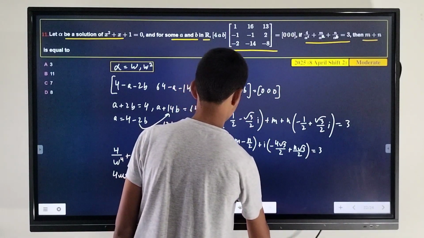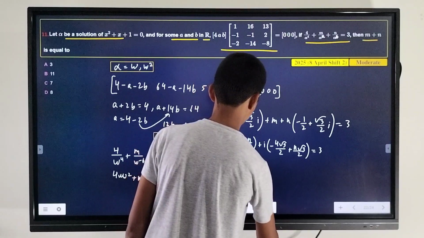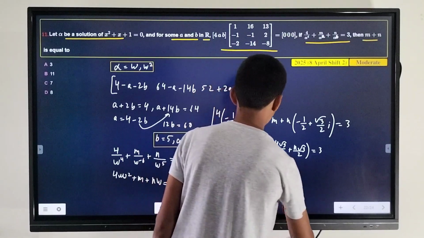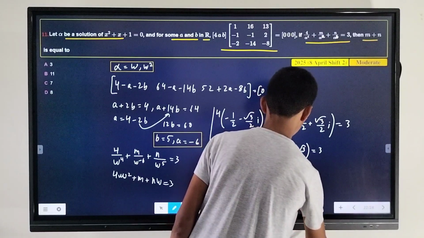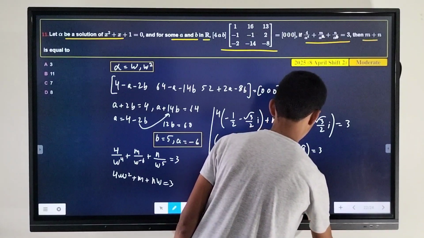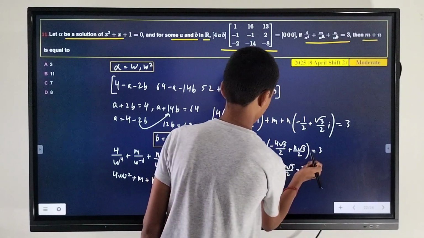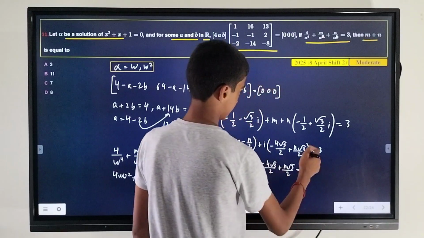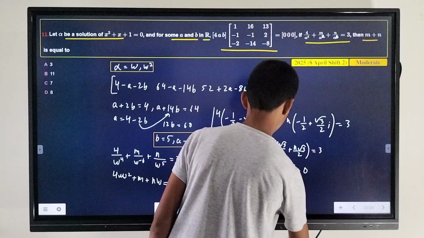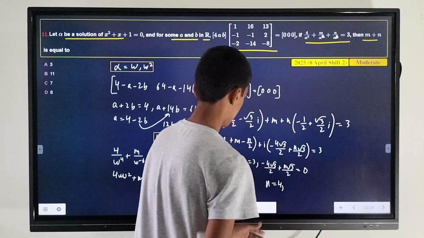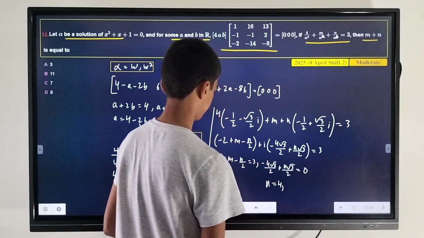Real part: minus 2 plus m minus n by 2 is equal to 3. Imaginary part: minus 4 root 3 by 2 plus n root 3 by 2 is equal to 0. Sorry, imaginary part is equal to imaginary part. From here n is equal to 4, and we will put it here.